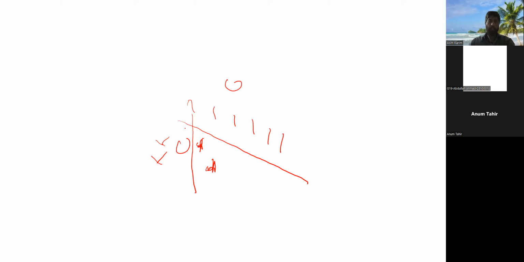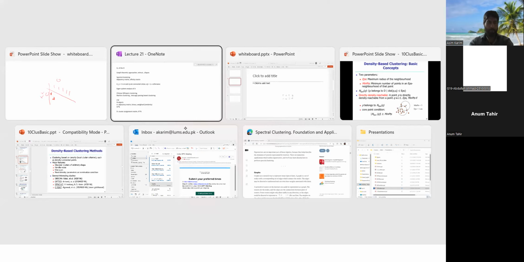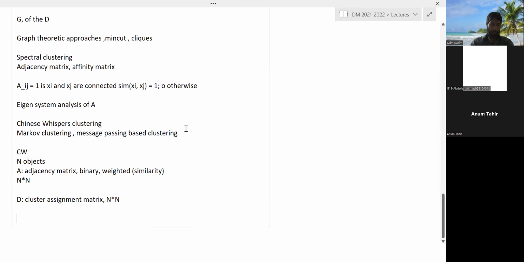So this is the starting condition. So basically at start, you have ones in the diagonal of D.